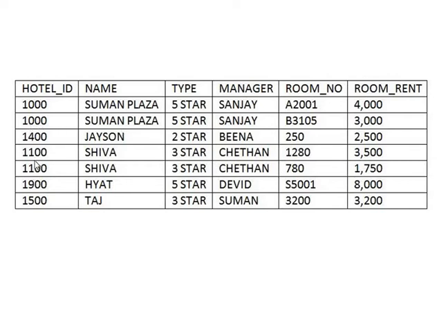One more redundancy you can find here: the hotel Shiva, room number 1280, 3500 the room rate, and one more room from that same hotel Shiva, 780, 750 the room rate. So what is the main problem here?